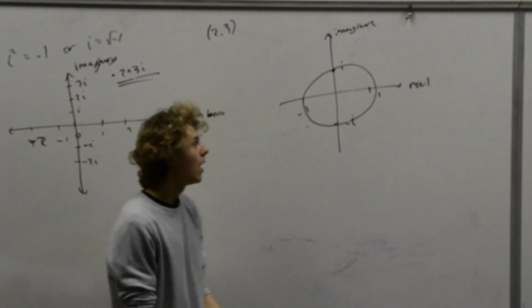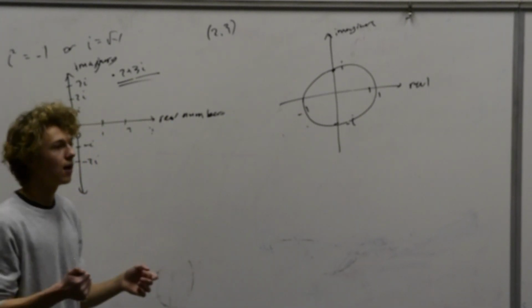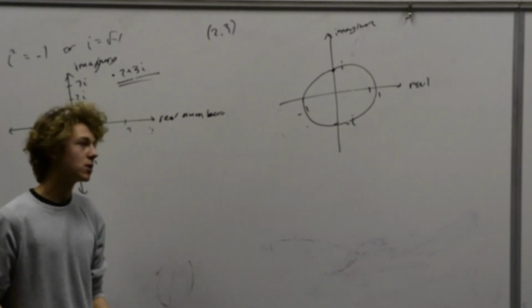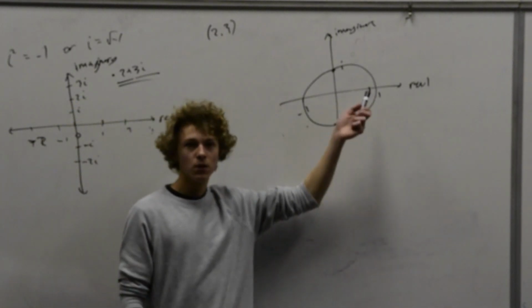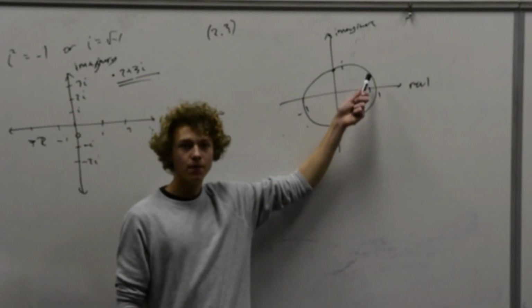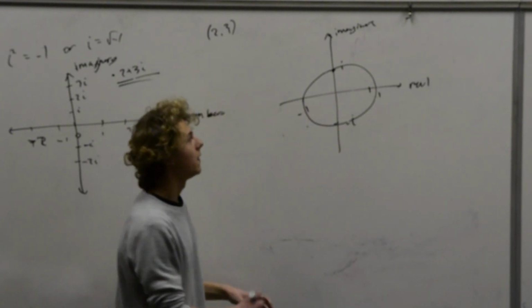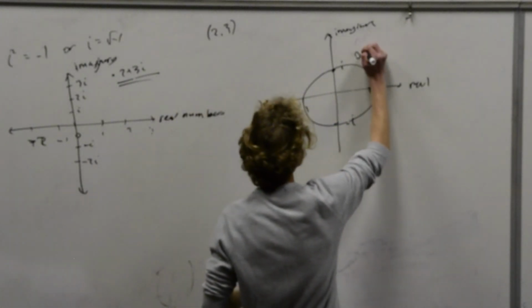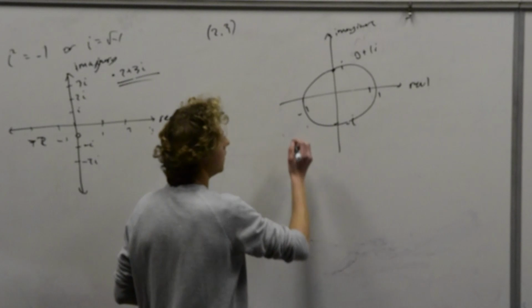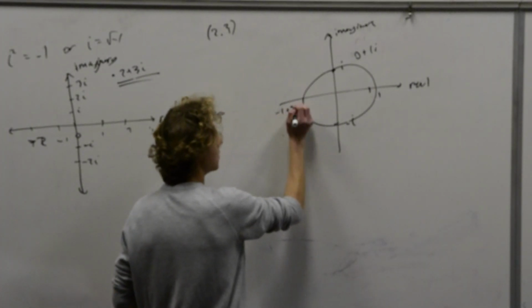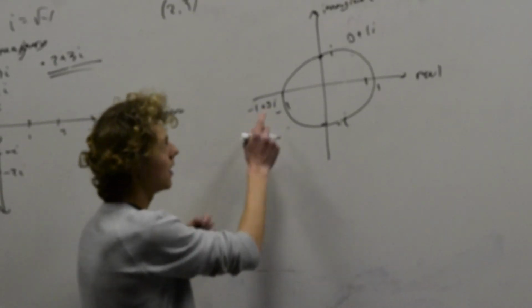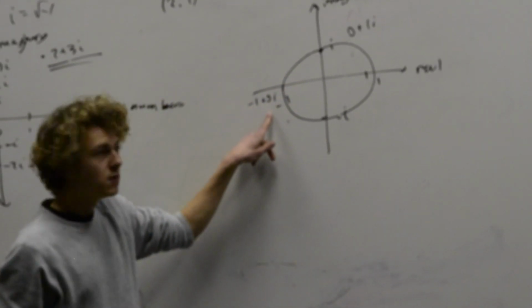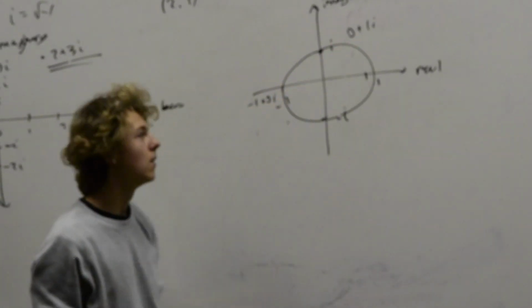So the answer to finding the point a comma b after rotating it x degrees lies with multiplication by a number sitting on the unit circle. This number i is the same as 0 plus 1i, and this is -1 plus 0i. These are all technically complex numbers, except the i is scaled by 0, or the real part is just 0.